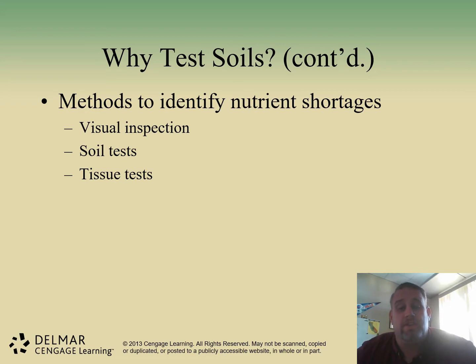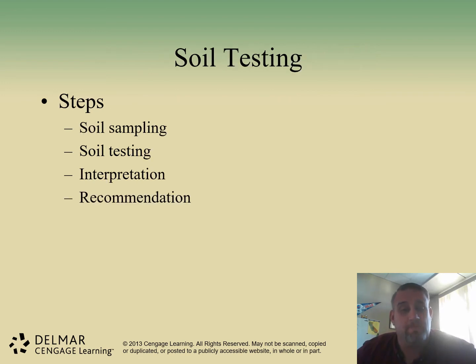And then there's also tissue tests, and that's basically verifying the soil test to see what is being taken up, what is available, what is being utilized, and the amount of nutrients that are within your plants.